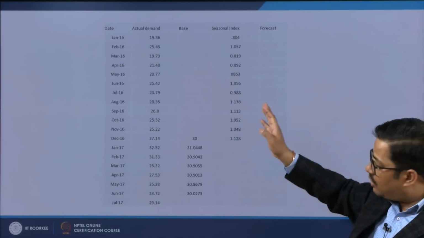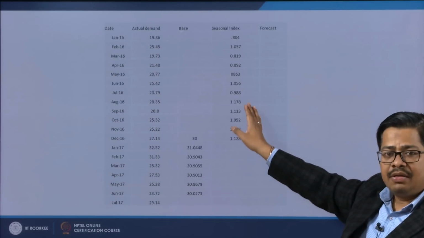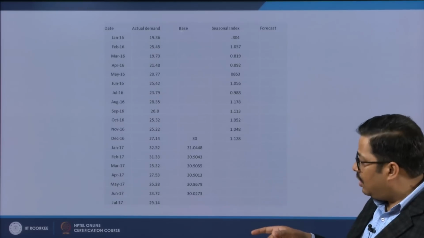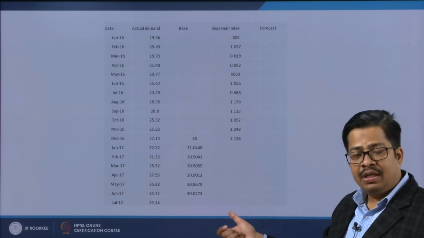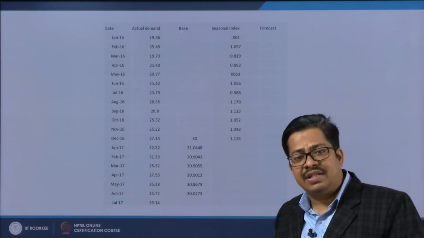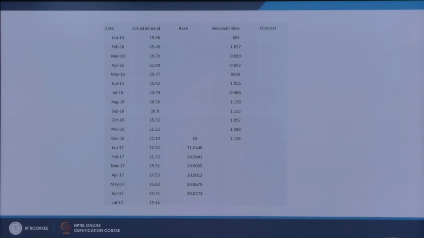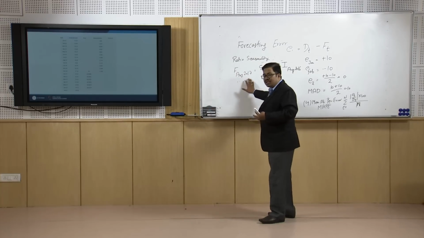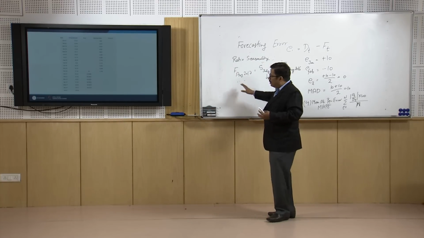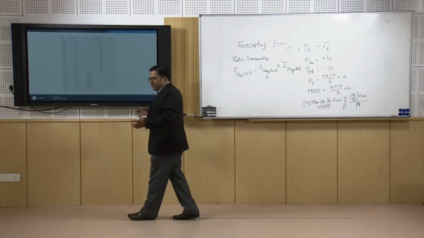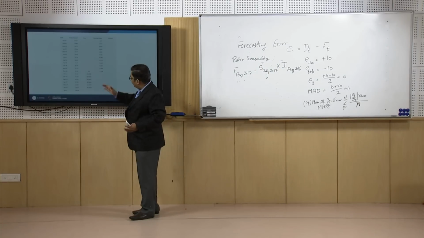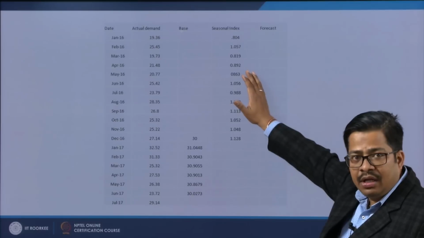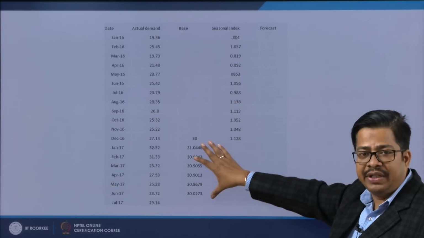But this seasonal factor of August 2016 will also be used to get the updated seasonal factor for August 2017, and that August 2017 seasonal factor will be used for determining the forecast for August 2018. So, the point I am trying to make is that the seasonal factor will be used from the previous years and the base is used from the current year.